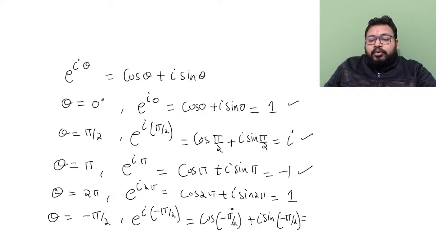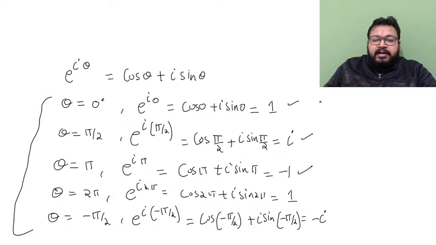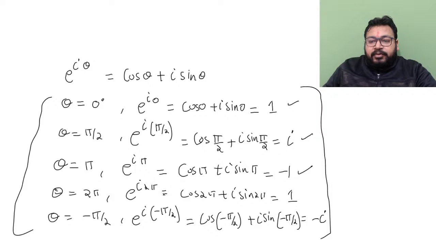Cos of minus pi by 2, guys, is 0, while sine of minus pi by 2 is minus 1, so that will give us minus iota. So as you take different values of theta, different values can come here by the help of Euler's theorem. So you can use any of these to solve your question.